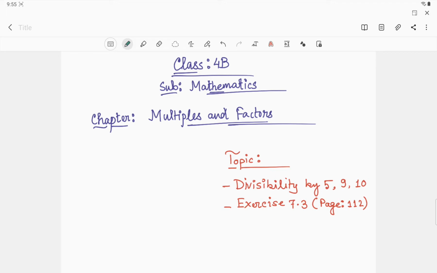In the previous session we discussed divisibility by 2, 3 and 4. Now let's start with the new one, that is the divisibility by 5.